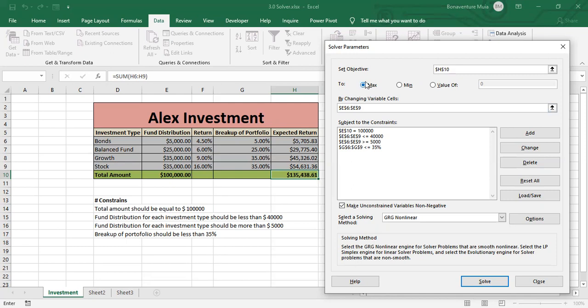But this time around, instead of maximizing, we want a value of 140,000. So we want to tell the solver, please get us a profit of 140,000 by changing the fund distribution, and then try to see if you can satisfy all these constraints, and then try to solve.